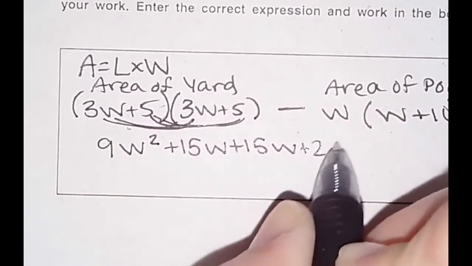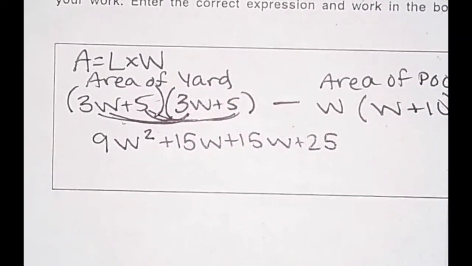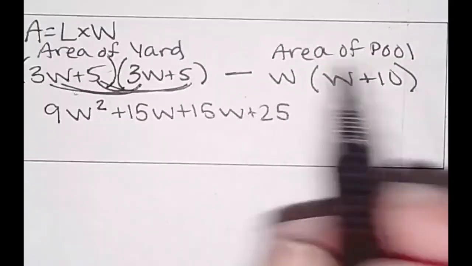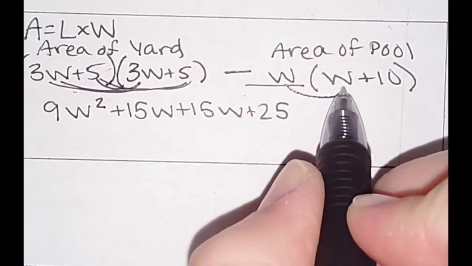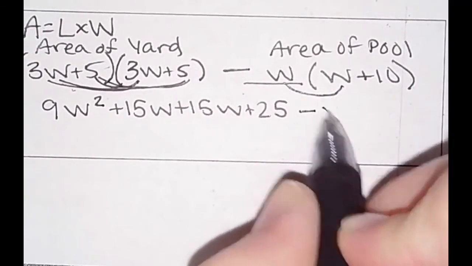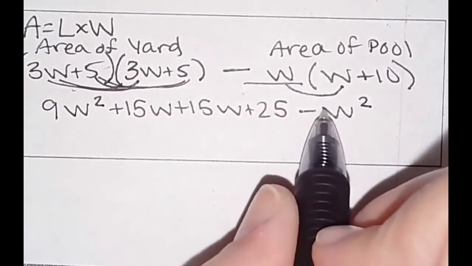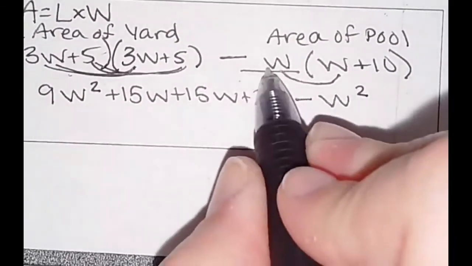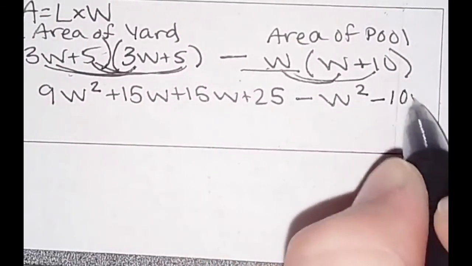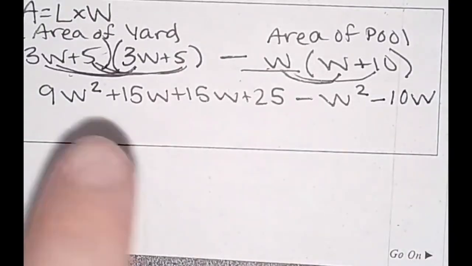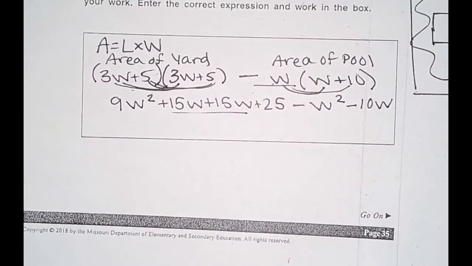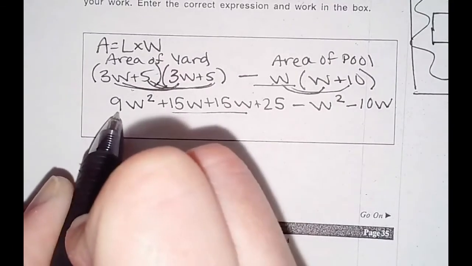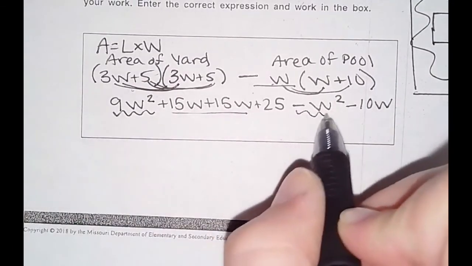Okay, now distributing the negative W, I have negative W times W, which is negative W squared, or negative 1W squared. Negative W times 10 is negative 10W. From here, I could simplify all at once, or I could just start simplifying in chunks. Either way you want to. So I have a 9W squared and a negative W squared. Combining like terms, 9 minus 1 is 8W squared.